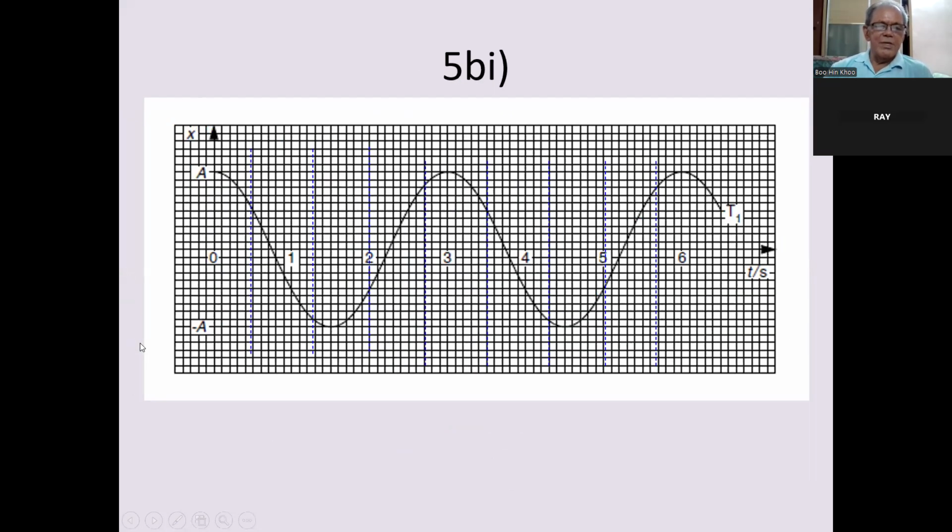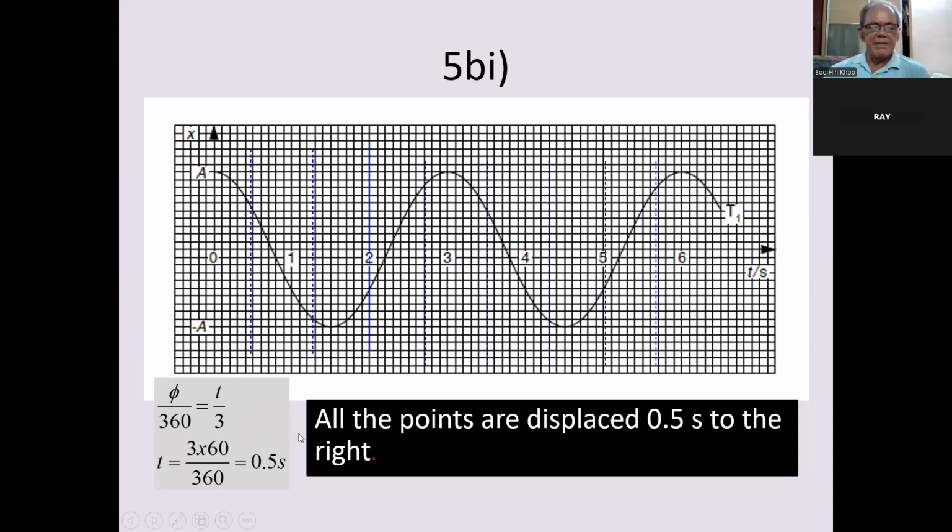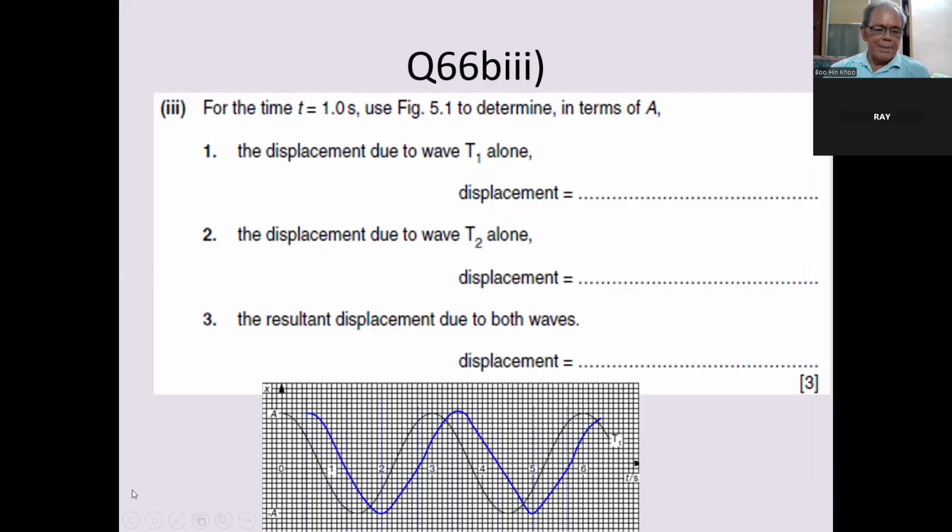That's the original wave. Change it to time because this is in time. We are told phase lag of 60 degrees. So cross multiply by 3, 60, so it's 0.5 seconds. All points are displaced 0.5 seconds to the right.